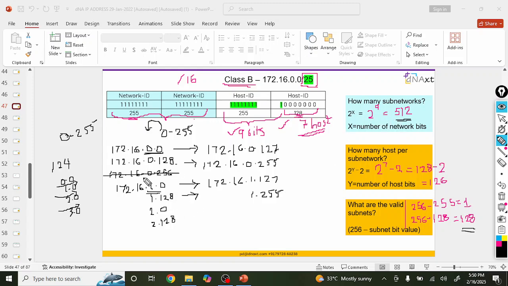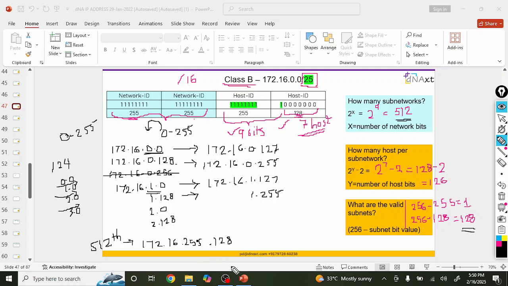Okay, what will be the 512th subnetwork? That will be 172.16.255.128.